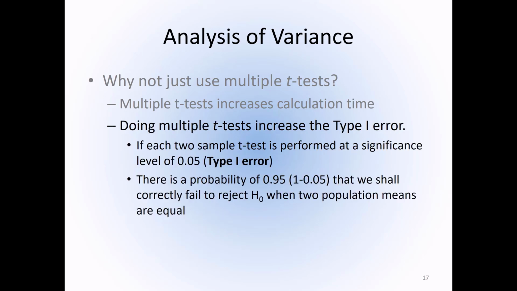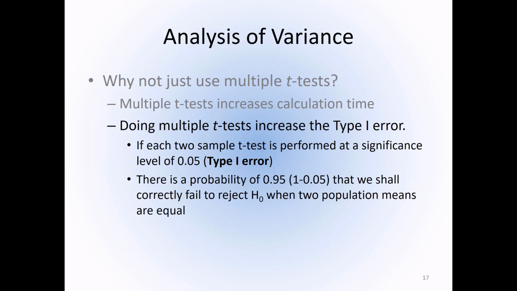More importantly, if we're doing multiple t-tests, it's going to increase the likelihood that we reject the null hypothesis when it's actually true in the real world. Now, if we think about our t-tests and any other tests, we set the significance level to reduce the likelihood of a type 1 error, and our default has been 0.05. And so what this means is that there's a 95% probability that if we do reject the null hypothesis, we're correct in the real world.